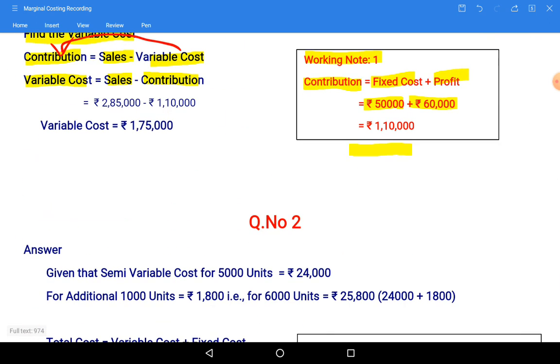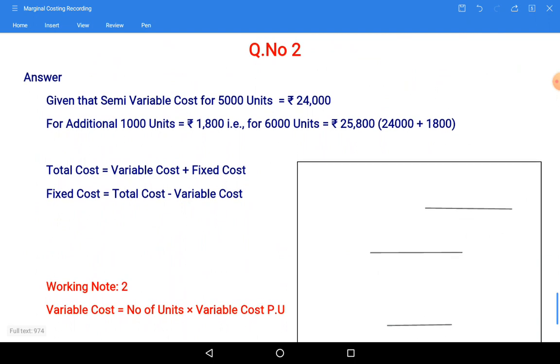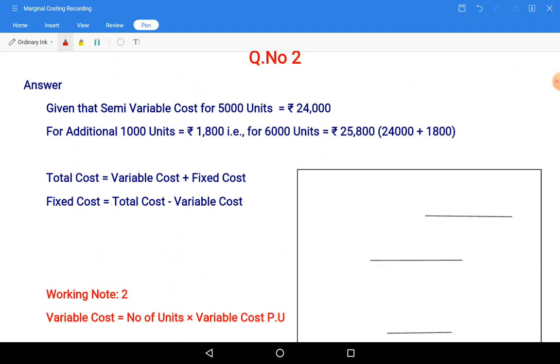Here we have question number 2. What is being given in question number 2? They said semi variable cost for 5000 units is 24,000. For additional 1000 units we will incur 1800 rupees.